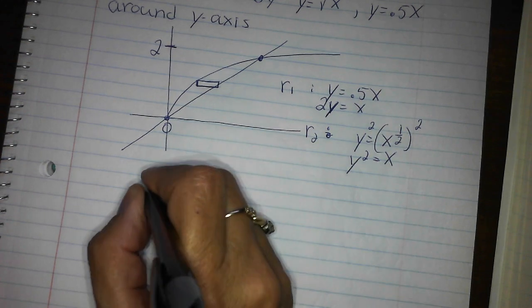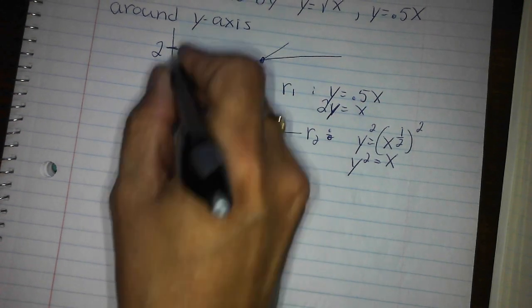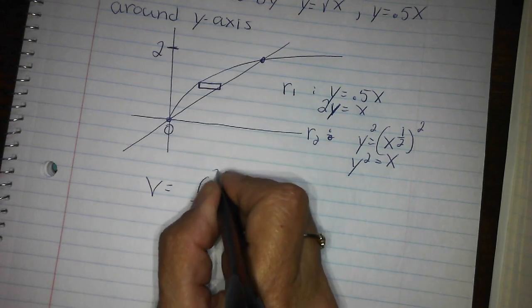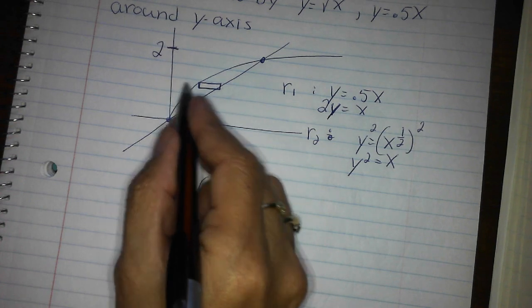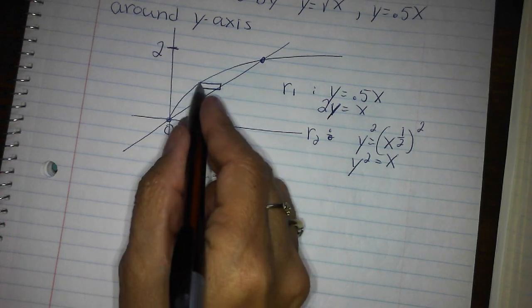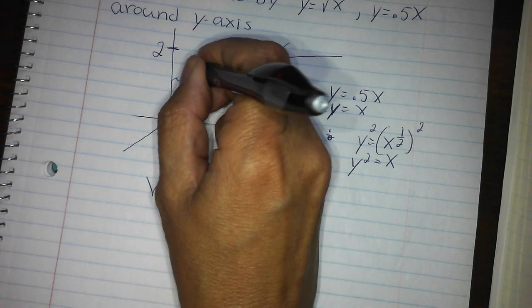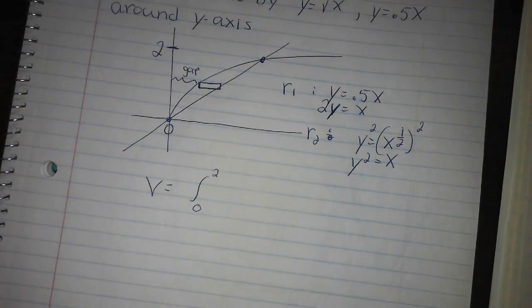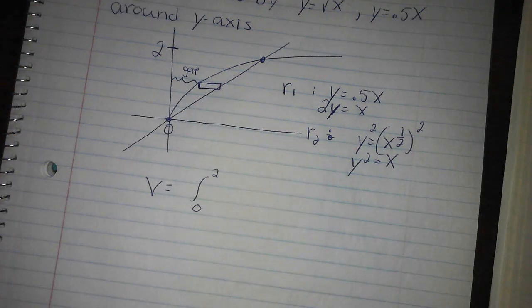So I want to see all y's in my antiderivative equation here. So to get volume, antiderivative from 0 to 2 of the washer formula, and it's a washer because there's a gap between the rectangle and the axis. Anytime this gap is here, that's a washer. If the rectangle goes all the way to the axis, that's going to be a cylinder.